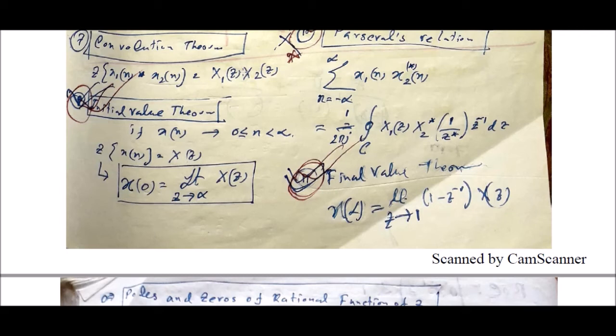But if you do the reverse, that means first the difference equation is transformed to the z domain, then you find the solution in the z domain, and inverse transform that z domain solution to the time domain, we get the solution of the difference equation in a much easier way. In the z domain the calculation is very easy, because you need not do any convolution type of complex operation.